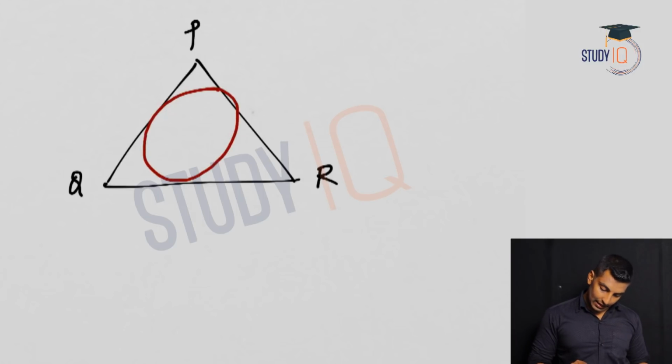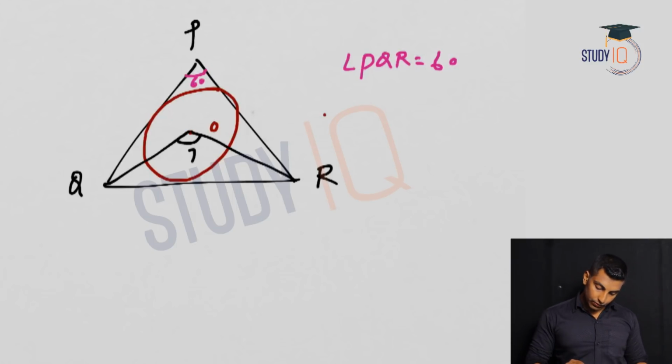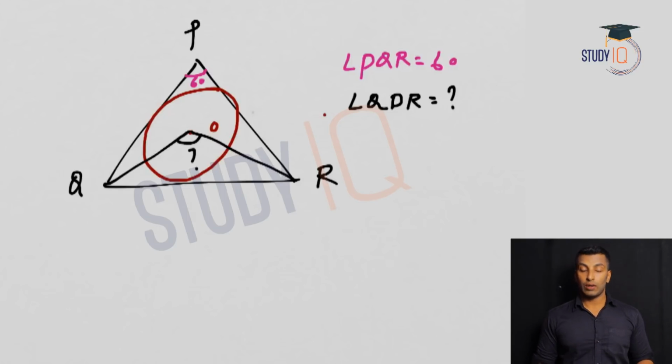This angle PQR is given as 60, and what is asked is angle QOR. Angle QOR is what? So this is how the question is given.